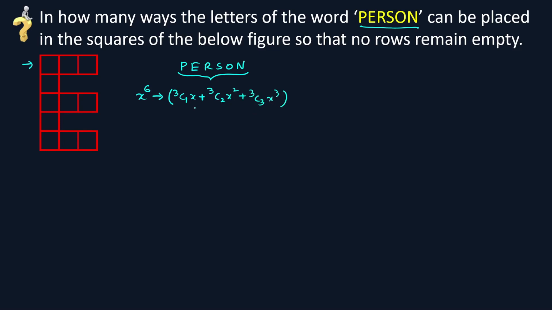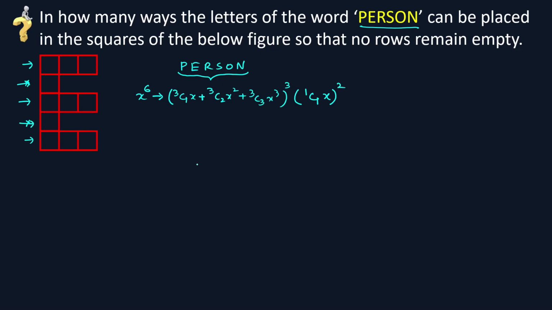Okay. The same thing for this row and for this row, so it will be whole cubed. For this row and for this row, it will be 1C1 x only, because there is only one square for the second row. But this is the second row as well as the fourth row.